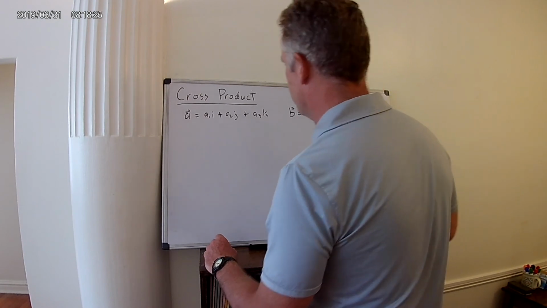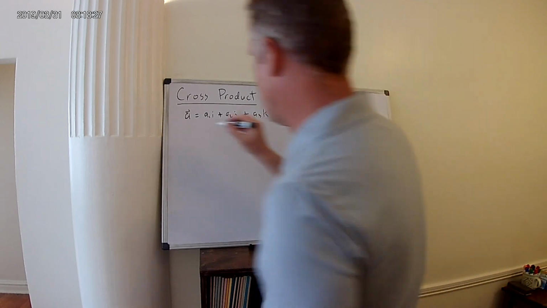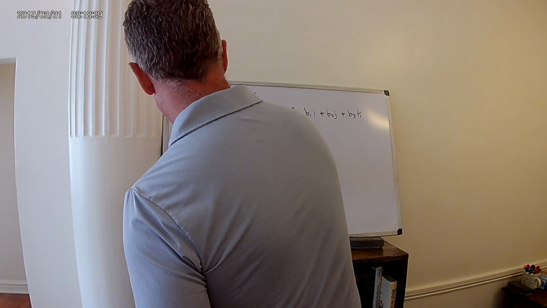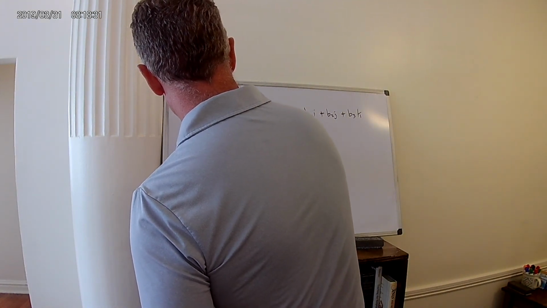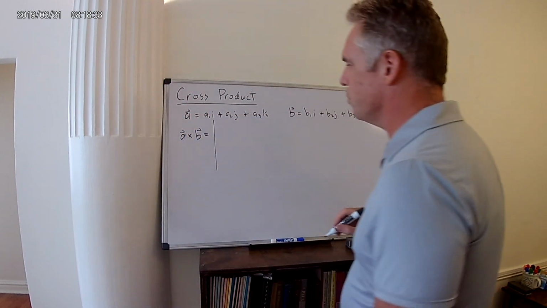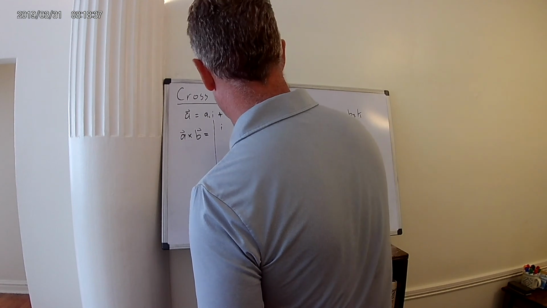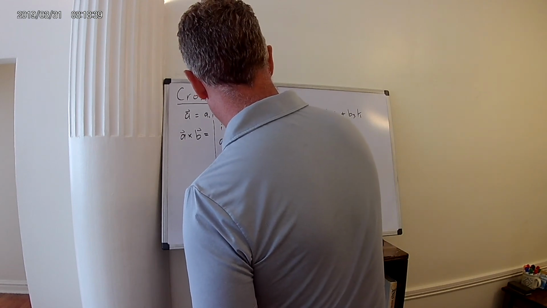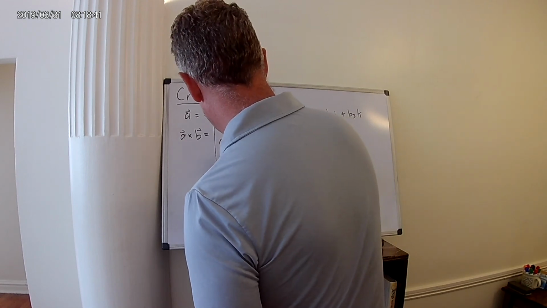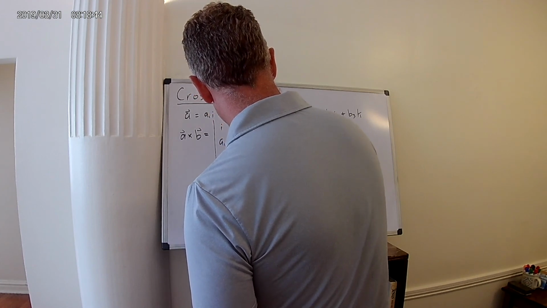Those are our two vectors. Now we want to take the cross product. The cross product is defined as the determinant of this 3 by 3 matrix: i, j, k, A1, A2, A3, B1, B2, B3.